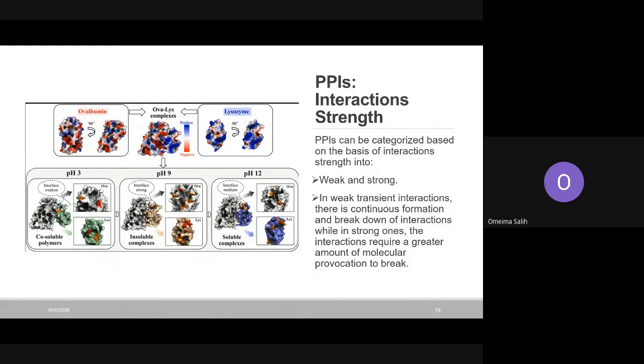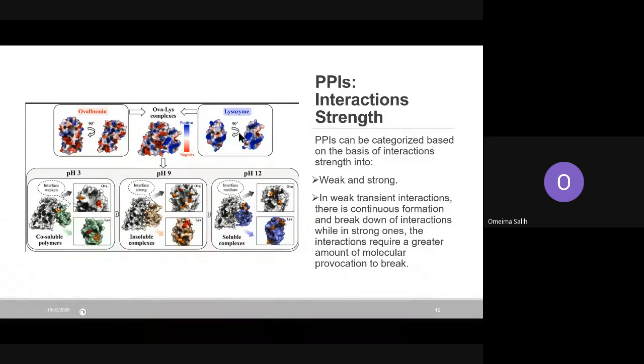The other type of character of the protein-protein interactions is being weak and strong. They are transient, but they could be weak or strong. So in weak transient interactions, as you can see here, the example, the ovalbumin and the lysozyme.